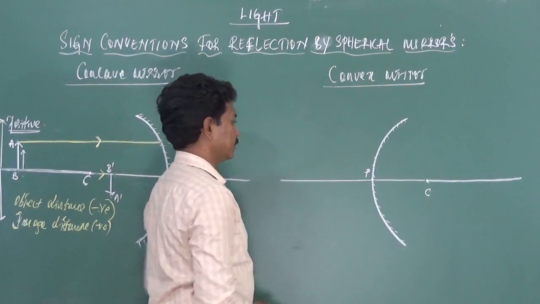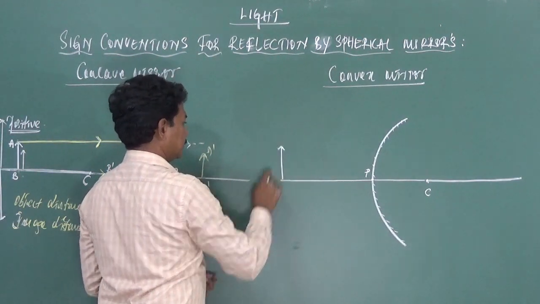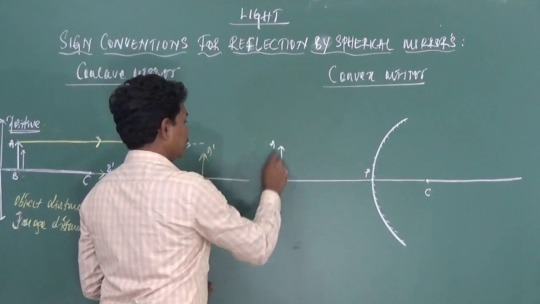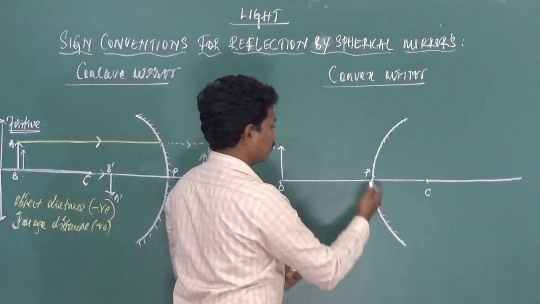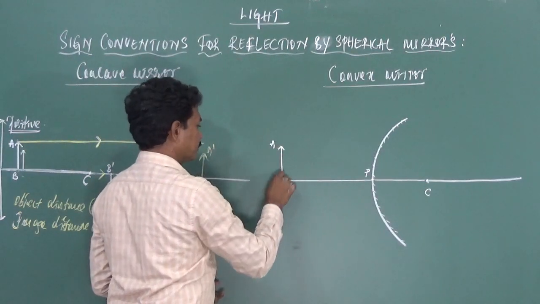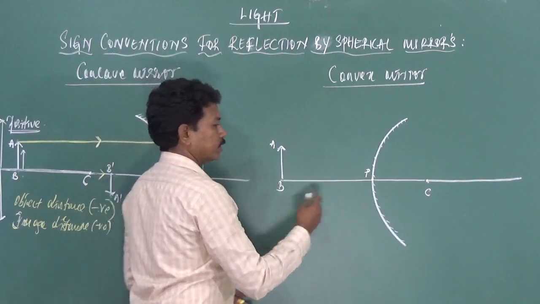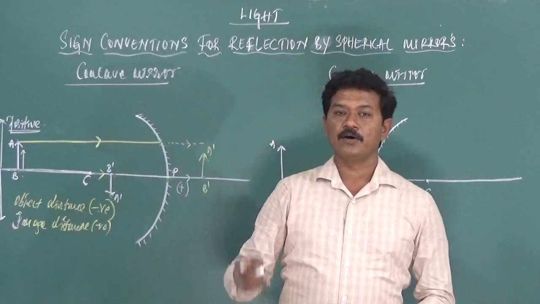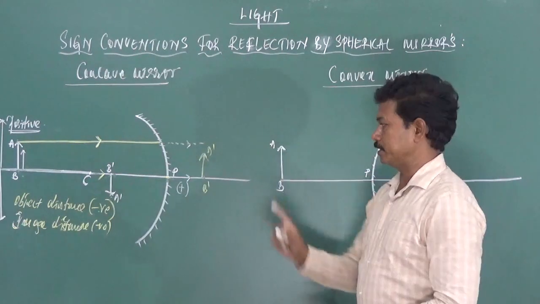One by one we will go. For example, I have placed the object, that is AB, in front of the mirror, because the object cannot be placed inside the mirror. Therefore, the object is always placed in front of the mirror to obtain the image. As I told you, in case of concave mirrors, all distances should be measured from the pole of the mirror.